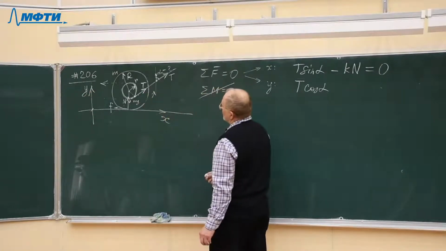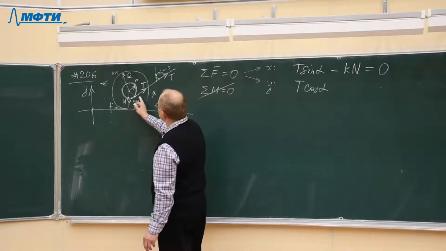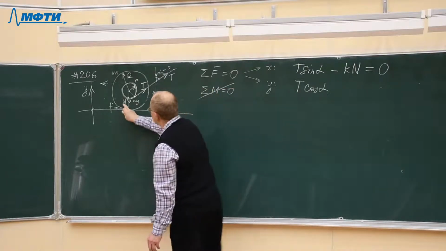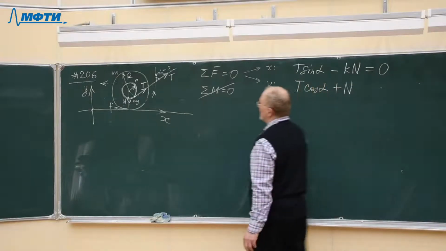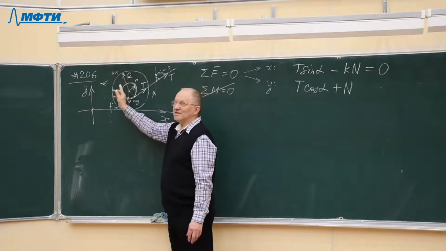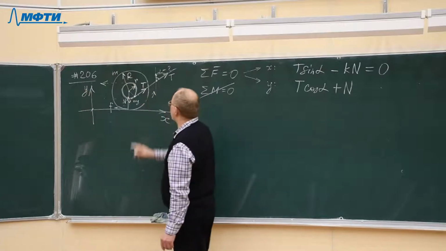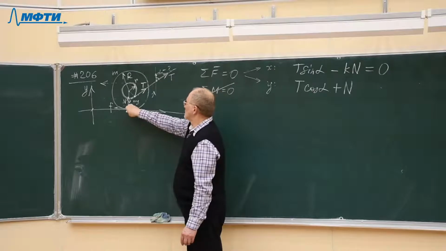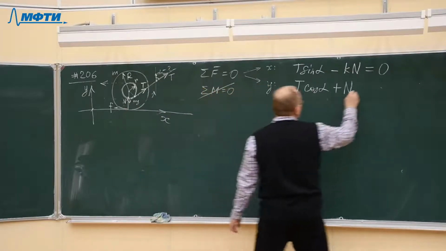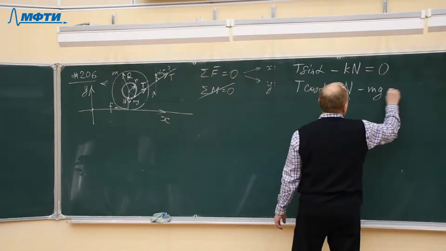And then other forces will have a vertical component, and the force of normal reaction will go with a plus sign because it's directed upward in the positive direction of the y-axis, and with a minus sign, the weight of this spool directed downward, minus mg, equal to 0.